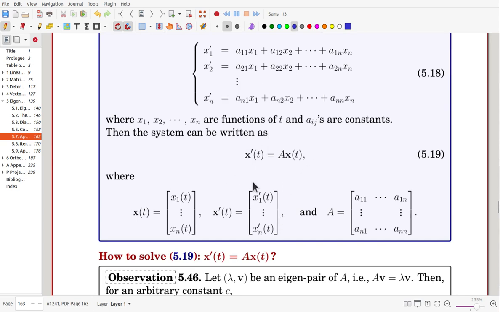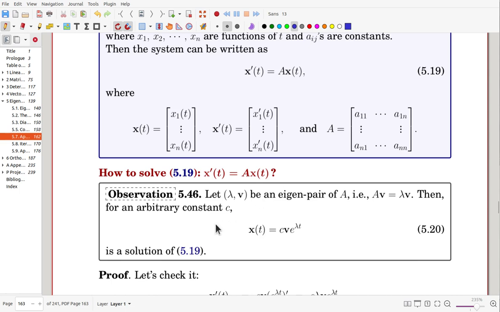X prime equals A x. Of course x is the collection of x1 to xn, and x prime is the collection of derivatives of each function, and A is the collection of the coefficients. So the system can be written in this matrix form. The question is, how can we solve the system?